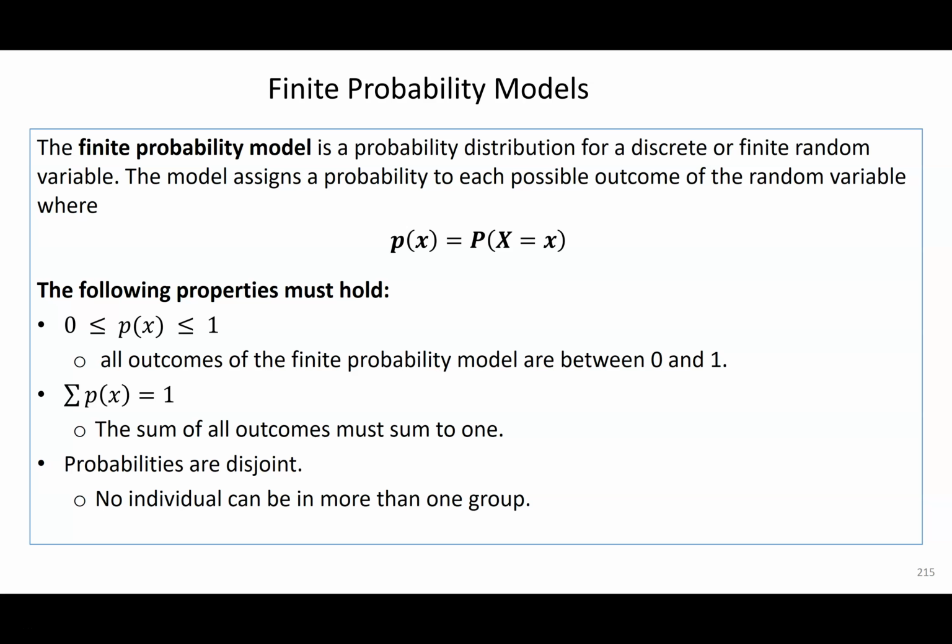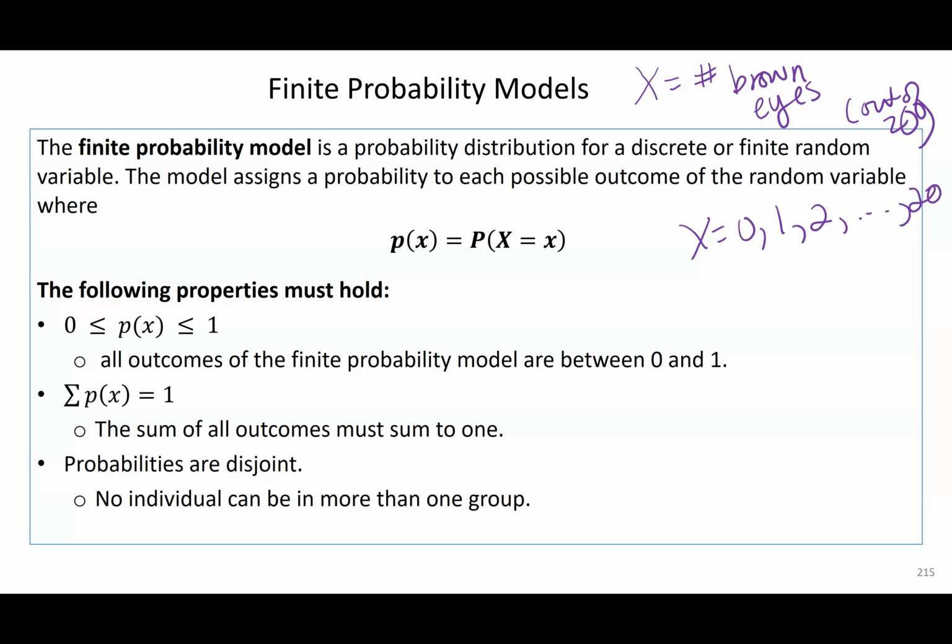Okay, so we're going to start with finite probability models. When we have a discrete random variable, we want to list all of the possible outcomes we can get. So if you said X equals number of brown eyes out of the 20, you can get X equal to 0, 1, 2, all the way through 20.